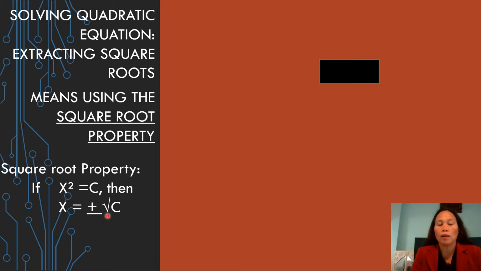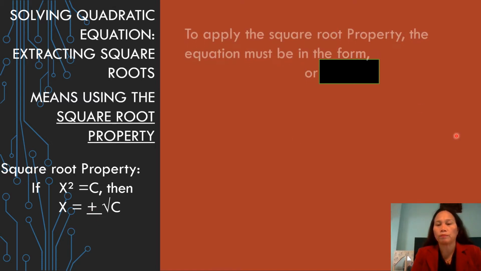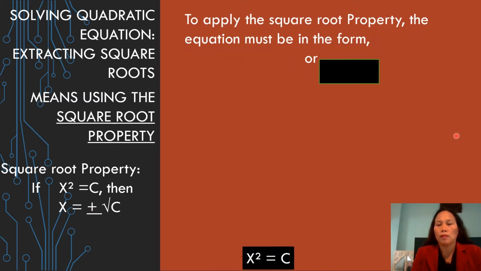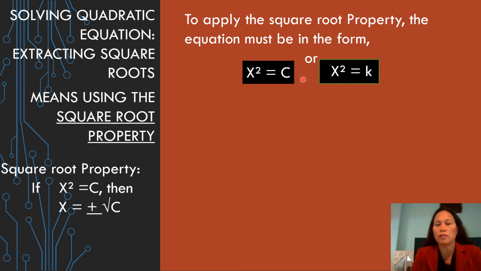So, ayan. Pag in-extract natin ang square root ng both sides, ang value na natin ng x ay magiging positive and negative. Okay, so dito, ito yung iba, gumagamit sila ng letter K instead of C, but they are the same. So, x squared is equal to c or x squared is equal to k.